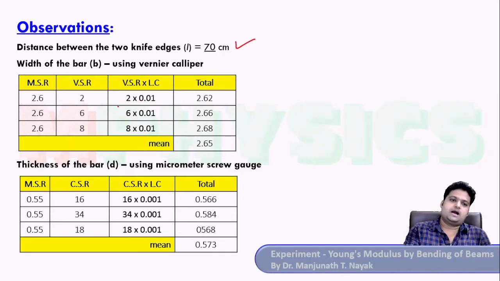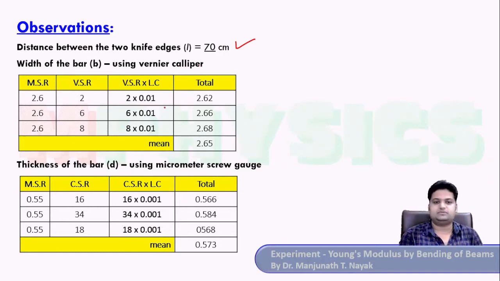The width of the bar b we measured using the vernier caliper, as you have seen in the video. I've just done these calculations. The main scale reading was 2.6 consistently, but the vernier scale readings were changing, and the vernier scale reading is multiplied by the least count. Least count was 0.01. And these are the final readings we got, of which we add all three and divide by 3 to get the mean.